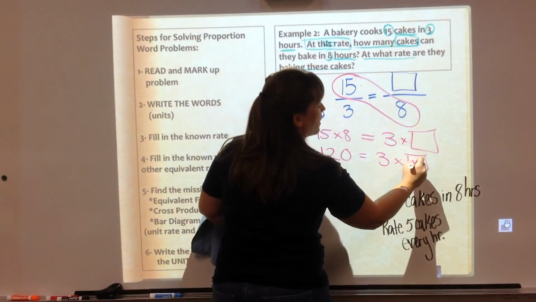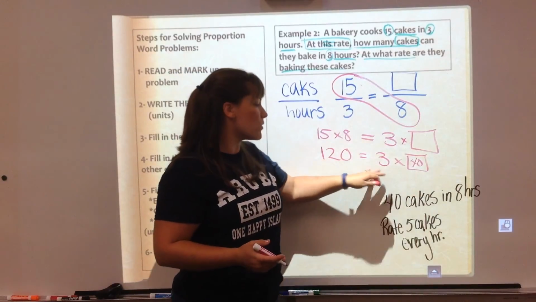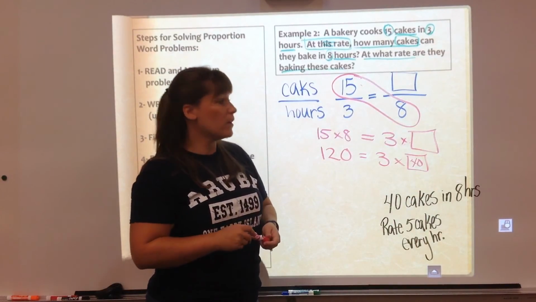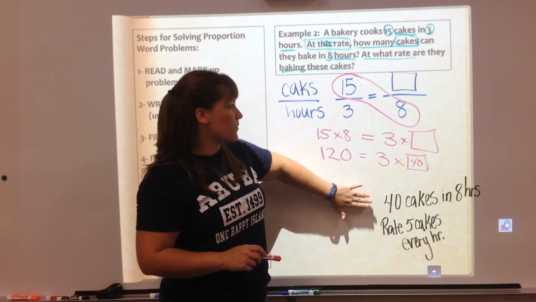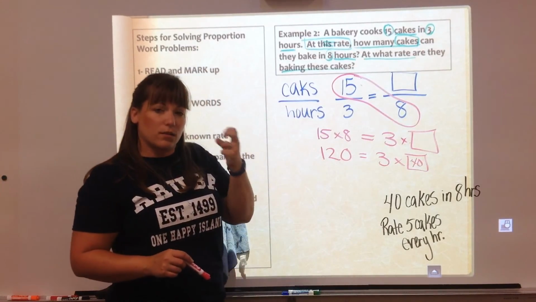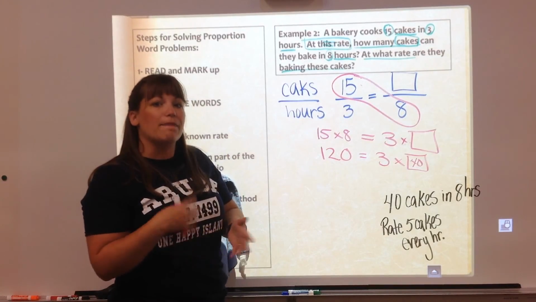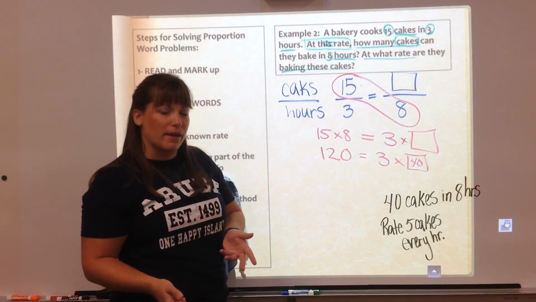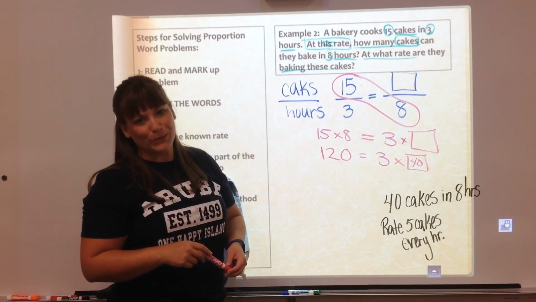So we know that 4 times 3 is 12, so 3 times 40 is going to be 120. Either way, we get our answer of 40 cakes in 8 hours. The picture way, the bar diagram will always boil it down to a unit rate, and then you'll have to multiply by that hour of 8. So 5 times 8 is how we got 40 as well.